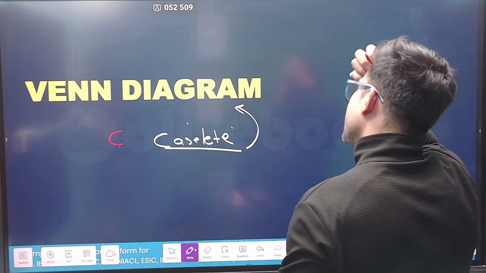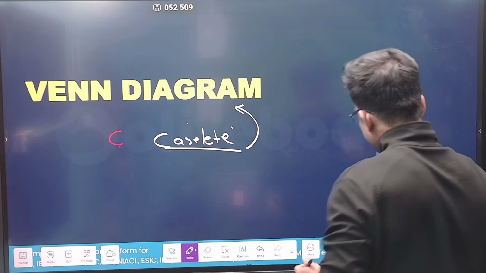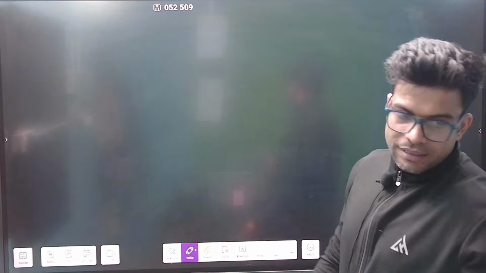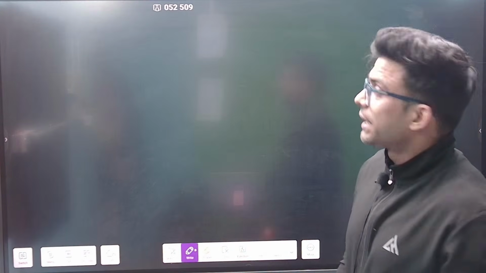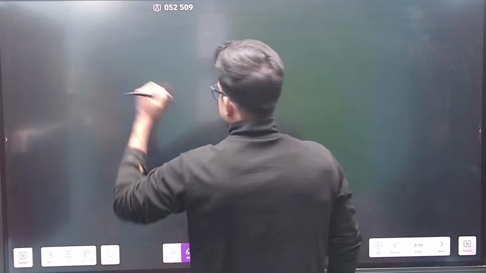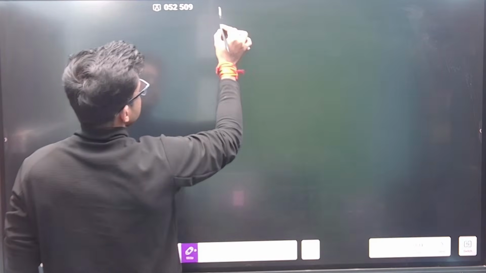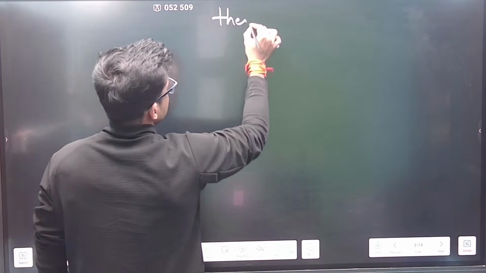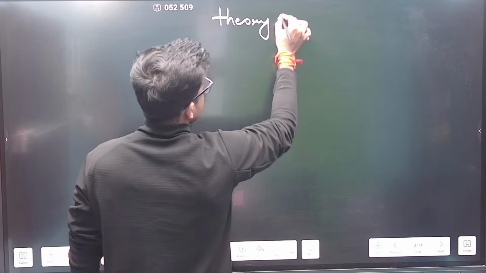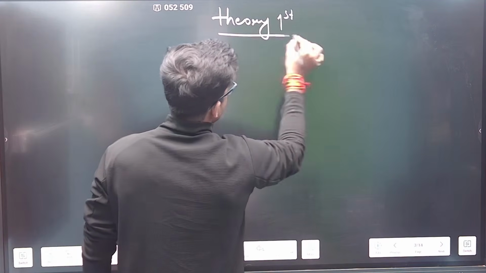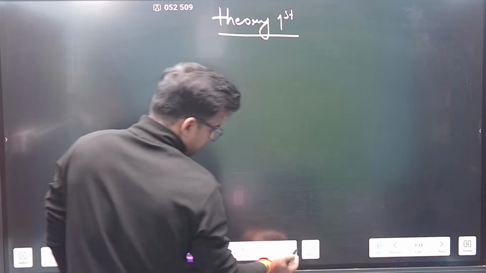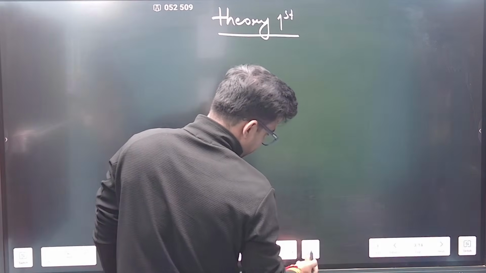So basically guys, what is Venn diagram? Now the question comes. I'll take some time to explain what the Venn diagram is. We will discuss the theory first. So, the theory of a Venn diagram. Let me take a shape out of here.